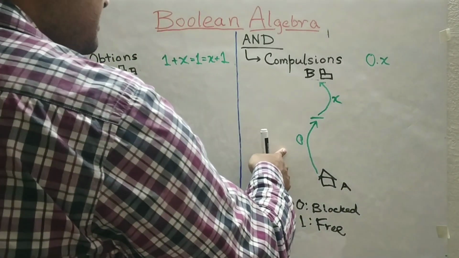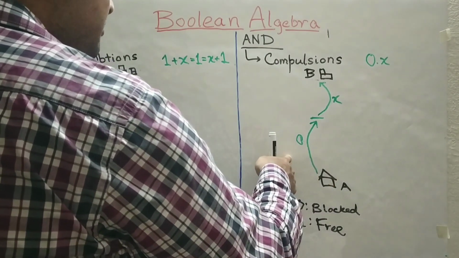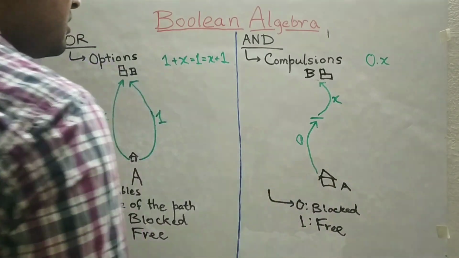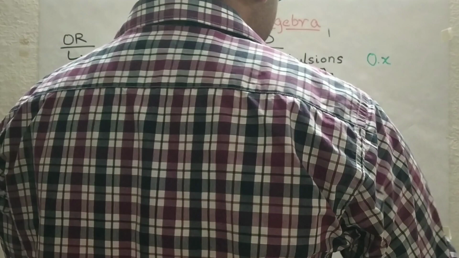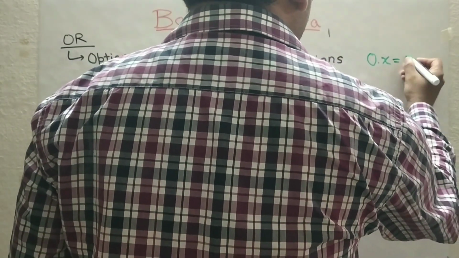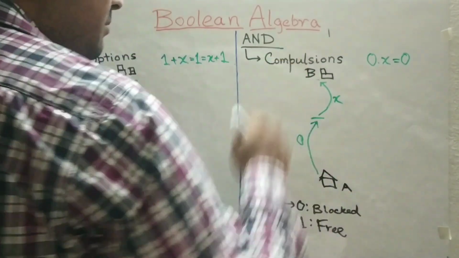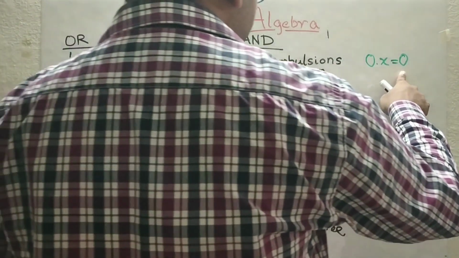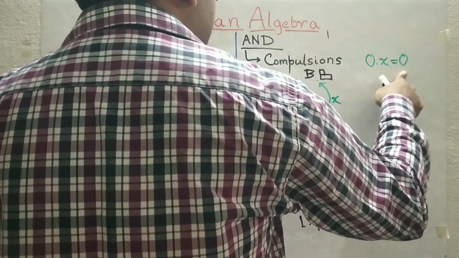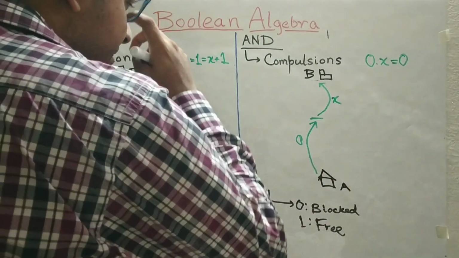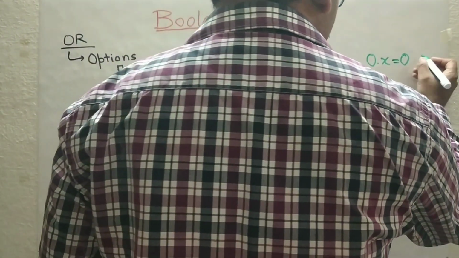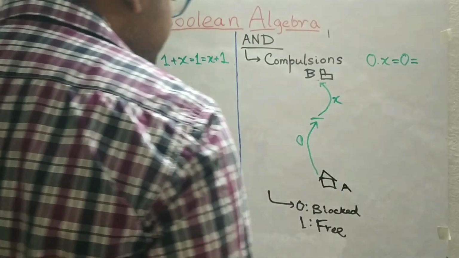You know that the path 1 is blocked, or even the opposite is blocked. Then you know the entire road from A to B is blocked. So when it is blocked, we signify it with a 0. So we are saying that the output is 0 because the path is blocked.